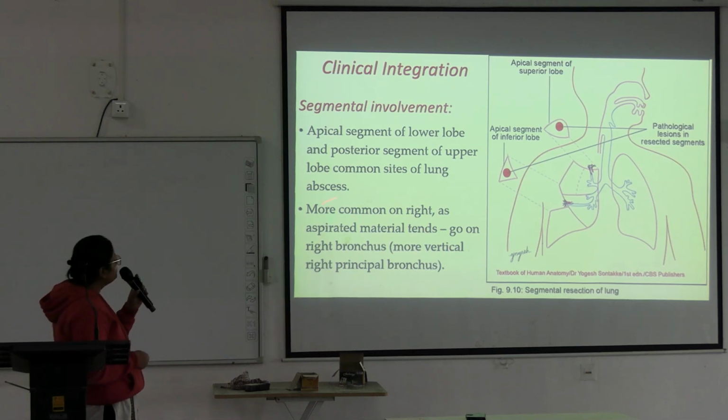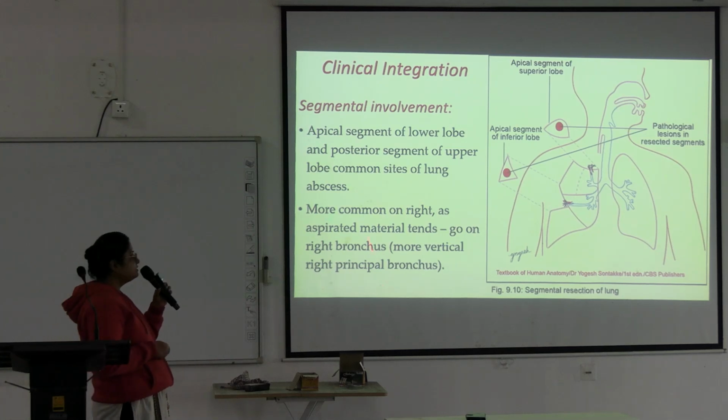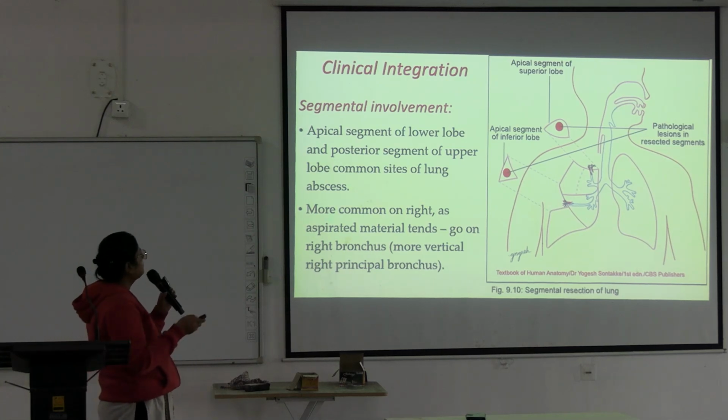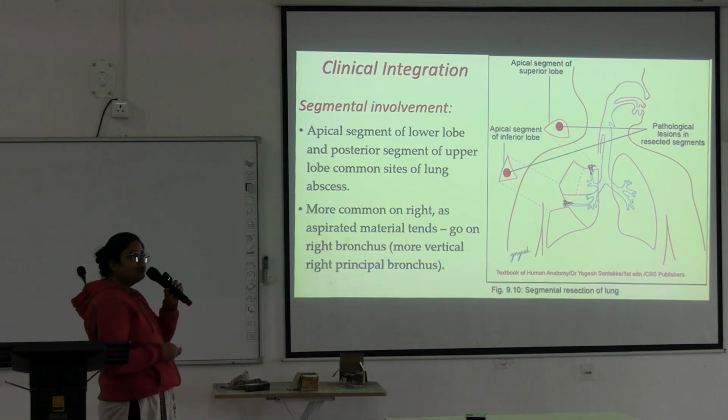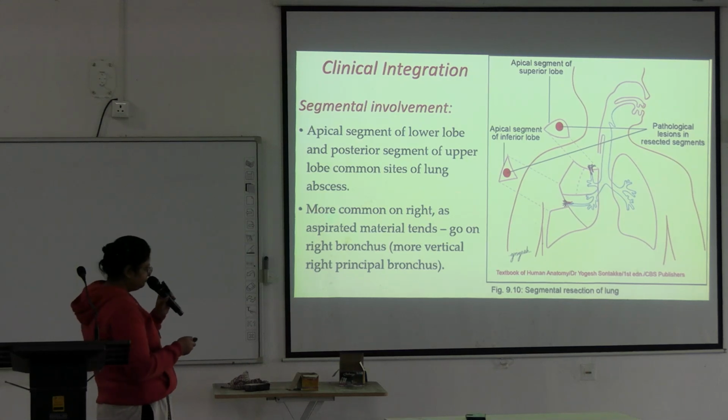So that's why on the right side the infection is common. This is important for your MCQ and viva. Which segments are more affected in segmental involvement? Apical segment of lower lobe and posterior segment of the upper lobe, the most common sites of lung abscess. Okay, understood?